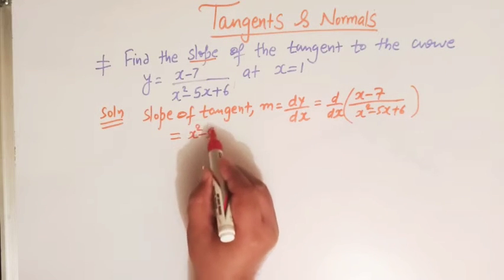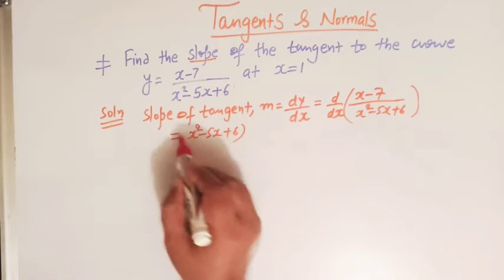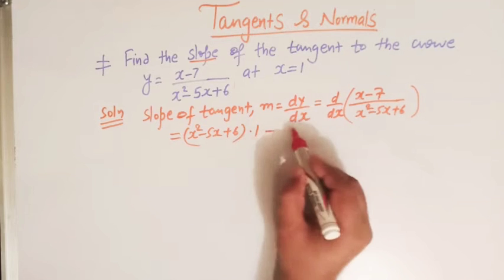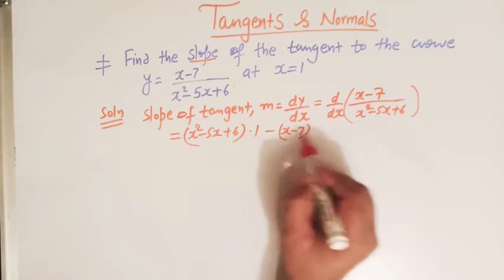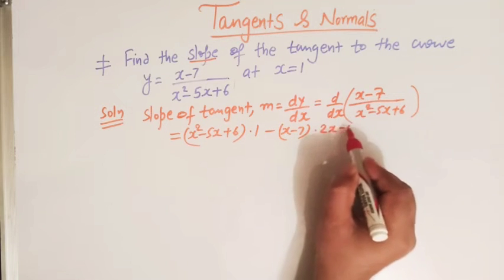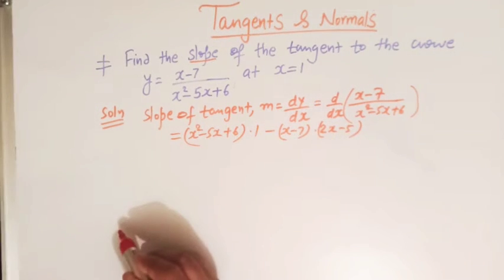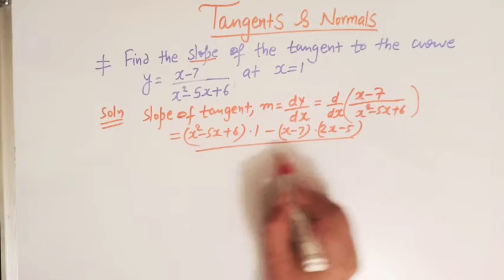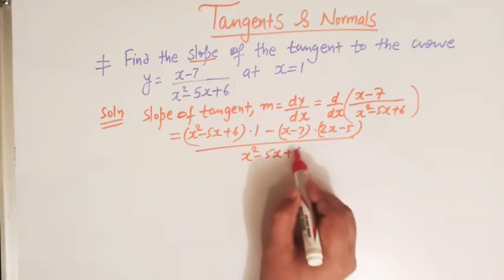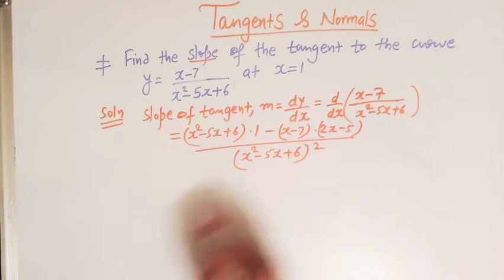So we have x square minus 5x plus 6 times the derivative of x minus 7, which is 1, minus (x minus 7) times the derivative of this function, that is 2x minus 5, right? And in the denominator we have (x square minus 5x plus 6) whole square.